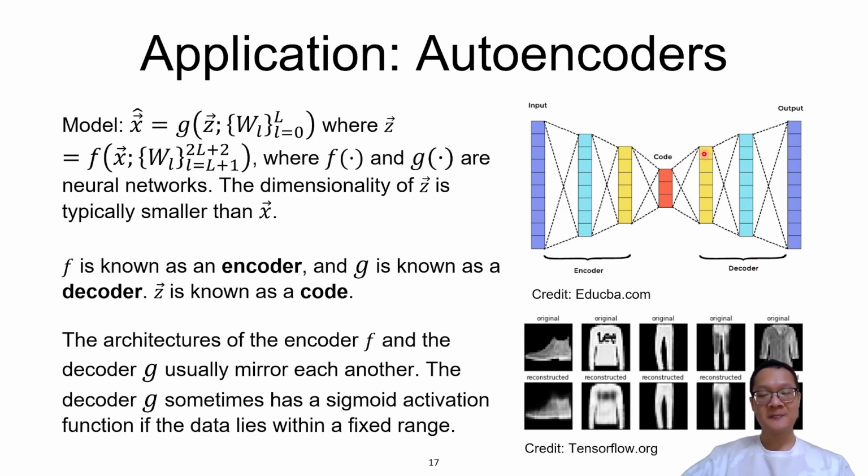In the decoder, as we go through the layers, we get more and more neurons in every layer until eventually we get back to an approximation of the input. Sometimes the decoder g has a sigmoid activation at the end if the data lies within a fixed range. The sigmoid activation is commonly used to keep the output within a fixed range.